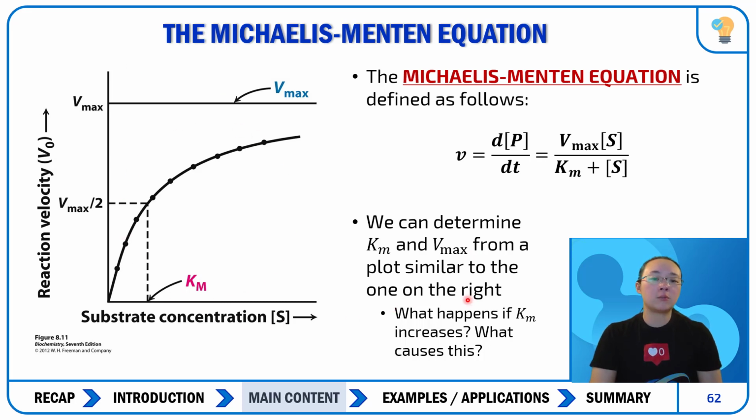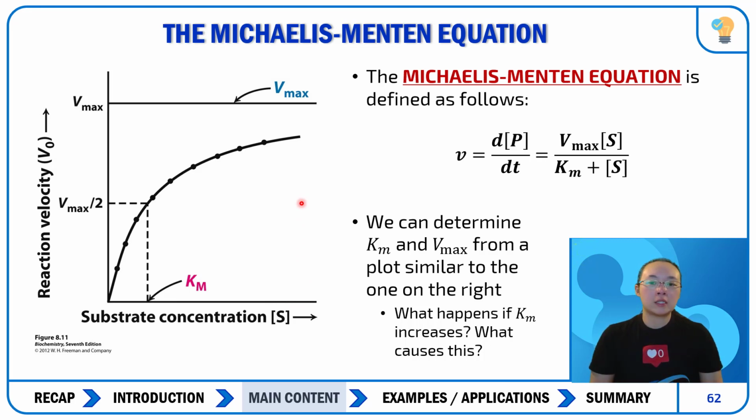But I want to ask what happens if Km increases and what causes this. So when Km increases, that means that a higher concentration of substrate is required to reach half of the maximum reaction speed. So that means the larger the Km, the more substrate is required to reach this point here.